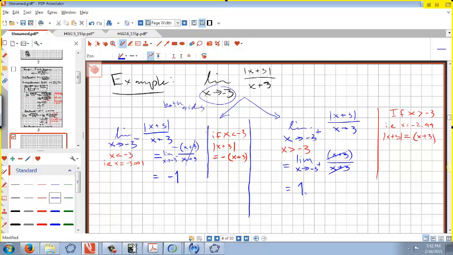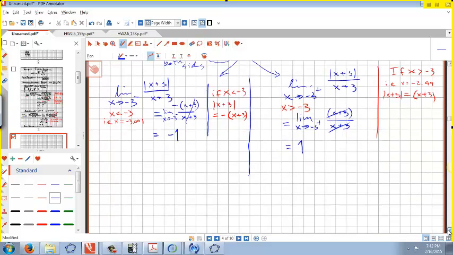Okay, recap: the limit as x goes to negative 3 from the left of absolute value x plus 3 divided by x plus 3 gave us a negative number, whereas coming at it from the right gave us a positive number.